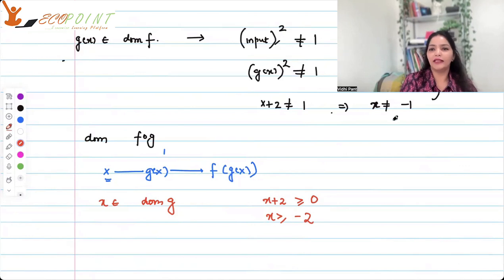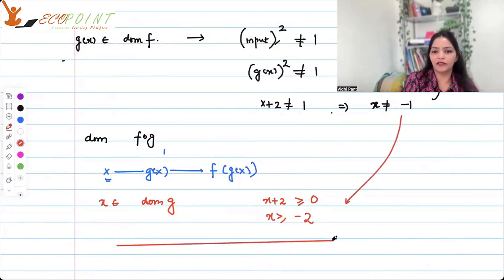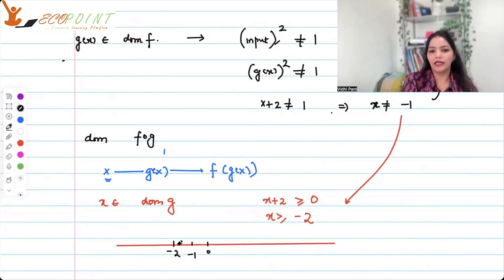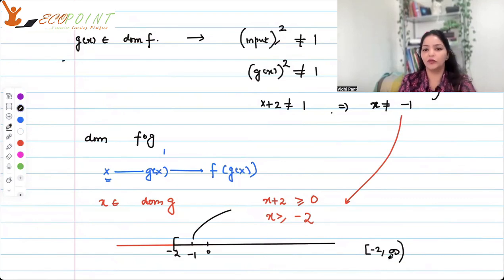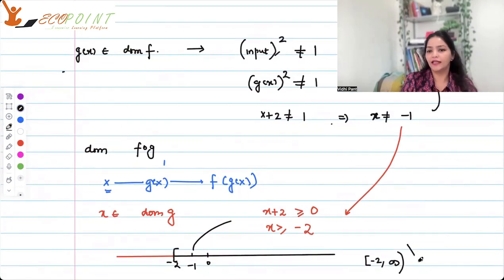So if I combine these two things on the number line, you have 0 here, say minus 1 here, minus 2 here. Everything more than minus 2 is all right. But we just realized x cannot be equal to minus 1. So it is minus 2 to infinity, the intersection of the two, that is the common x's, except for minus 1.